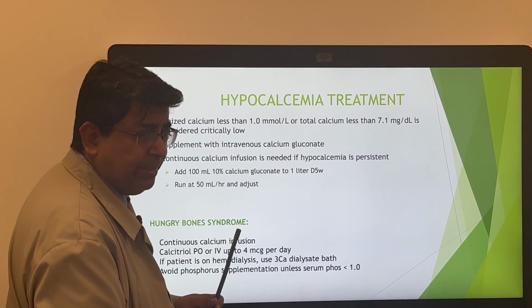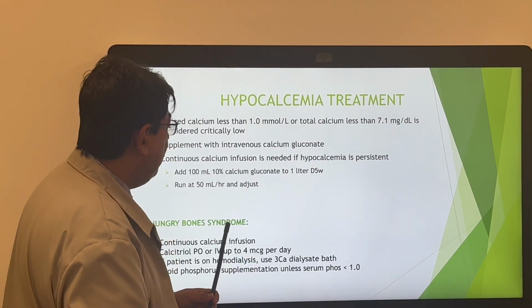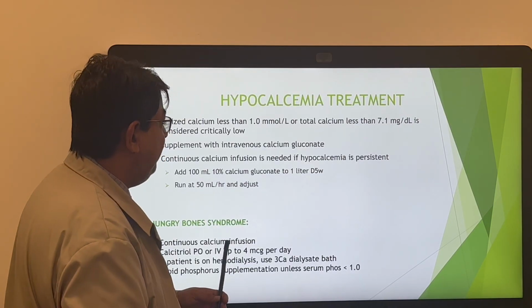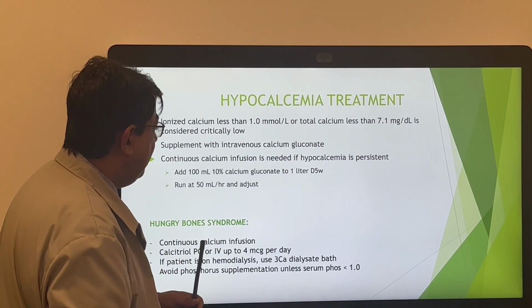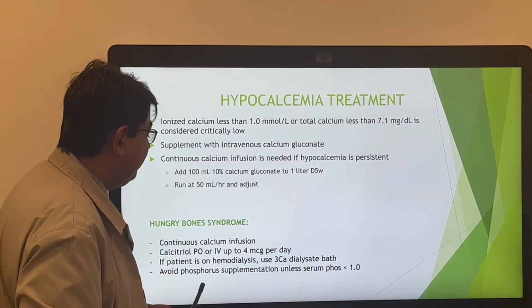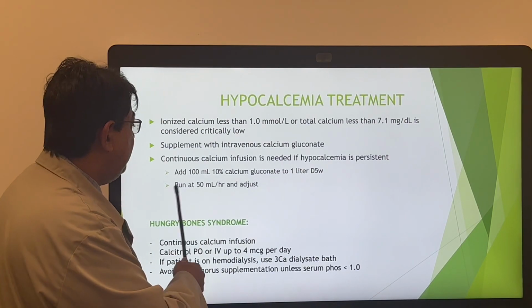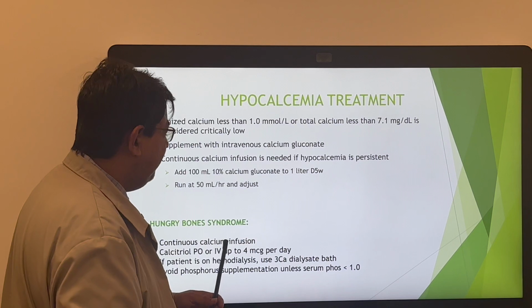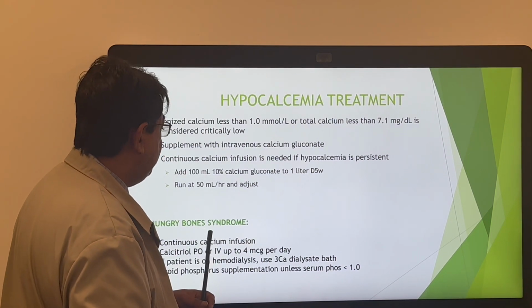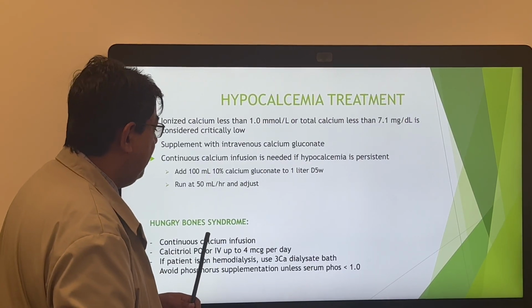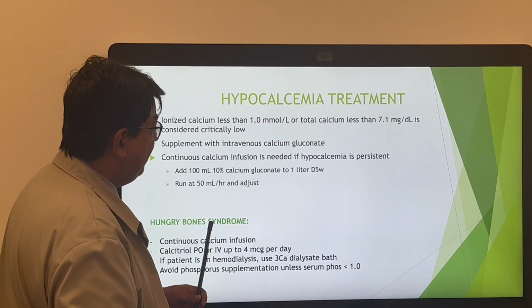And if it's resistant to supplementation or very difficult to correct, a continuous calcium infusion may be needed. Typically, you add 100 milliliters of 10% calcium gluconate to 1 liter of D5W and start at 50 milliliters per hour, then adjust the rate as needed to achieve a calcium level which is not critical.